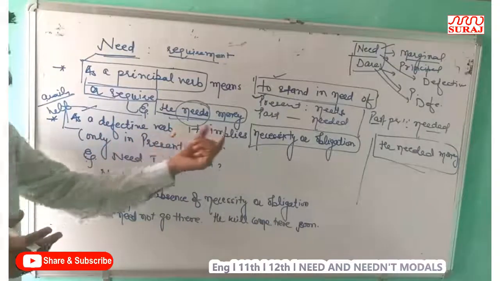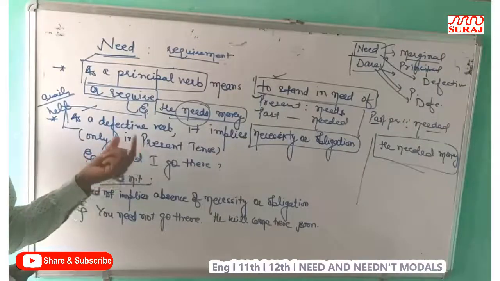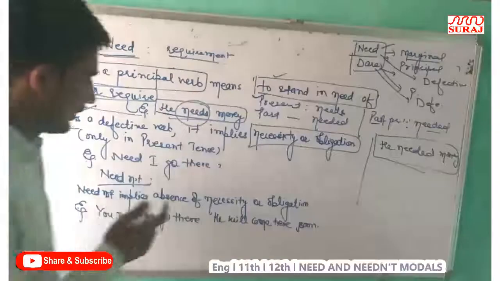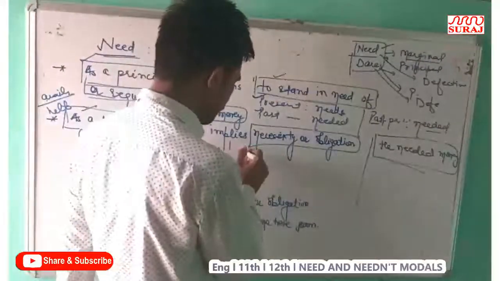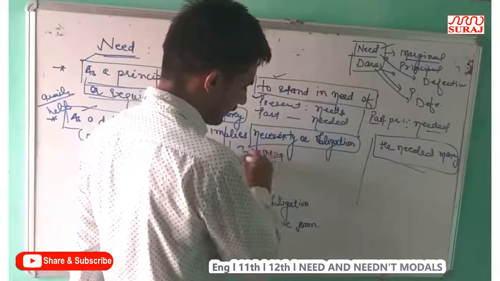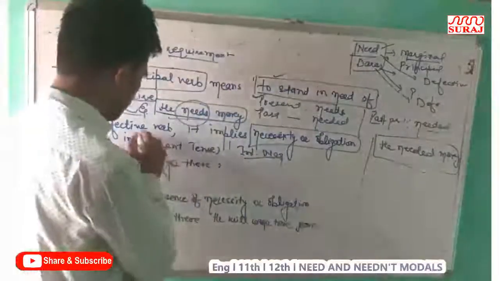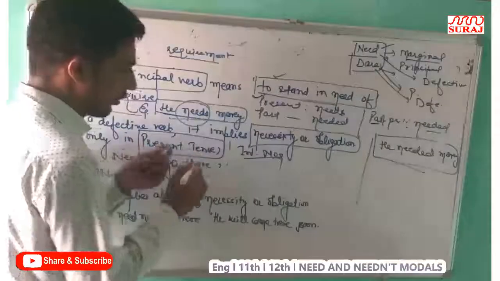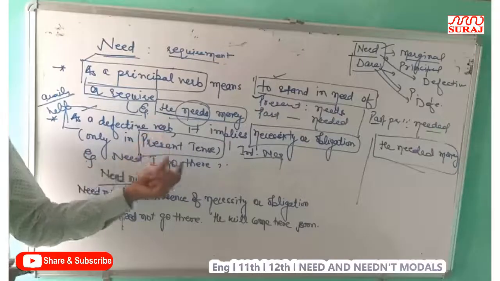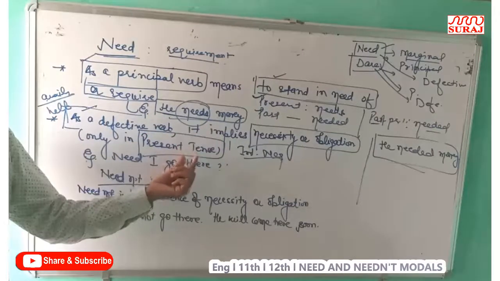Whenever it is used as a defective verb, there will be a main verb also in the same sentence. And these senses are also used in interrogative as well as negative sentences. And one thing more, the defective verb need is only used in the present tense. It is not used in the past or past perfect.